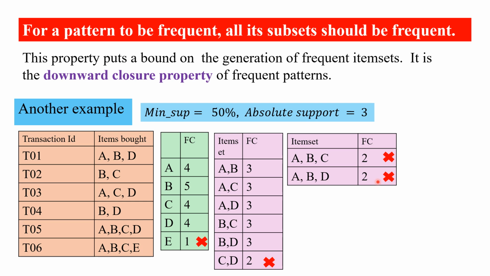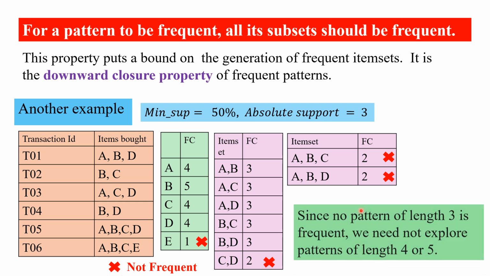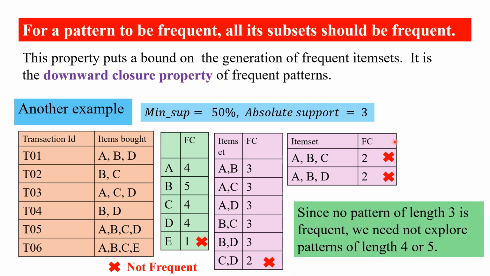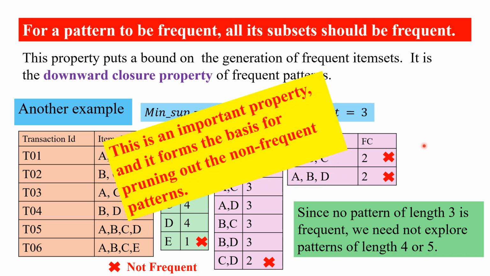So both of these are also not frequent. And since no pattern of length 3 is frequent, we need not explore patterns of length 4 or 5. So this property forms the basis for pruning out the non-frequent patterns.